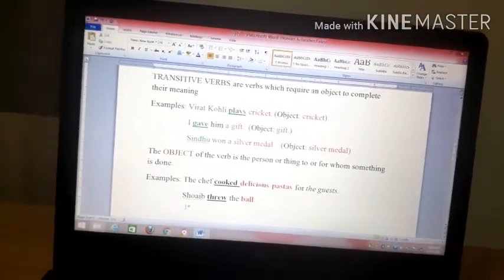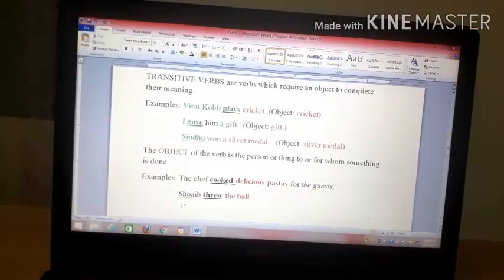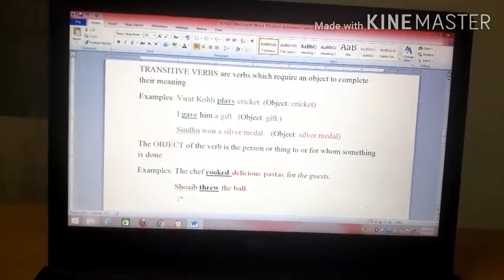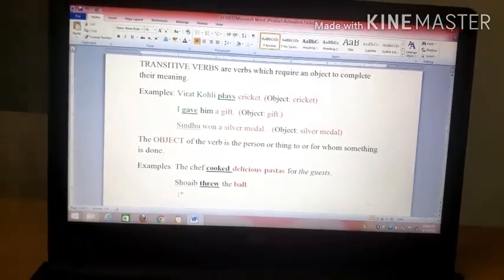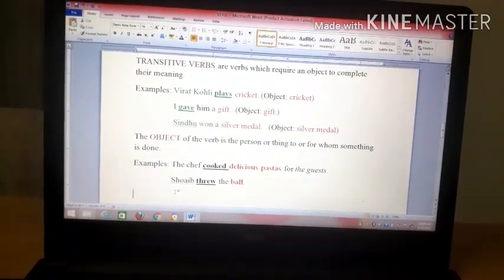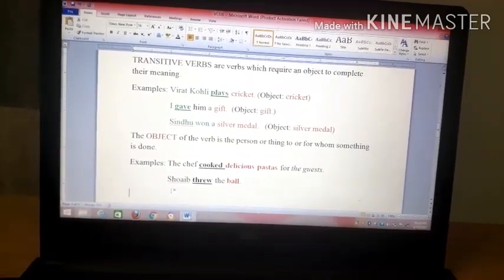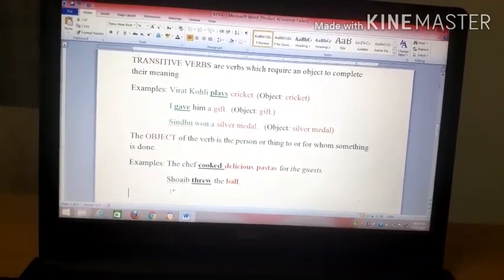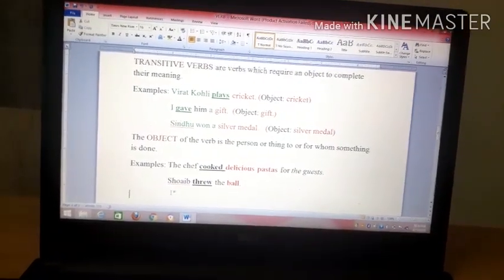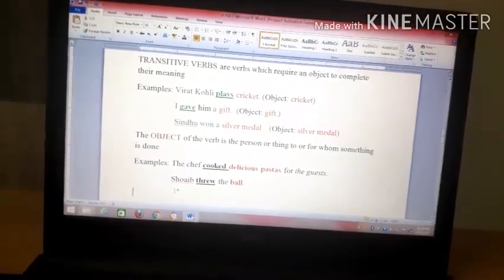Now what is an object? The object of the verb is the person or thing to or for whom something is done. As you can see, I have given some examples. The chef cooked delicious pastas for the guest. Here, cooked is the verb. What did he cook? Delicious pastas. So the thing is pasta.